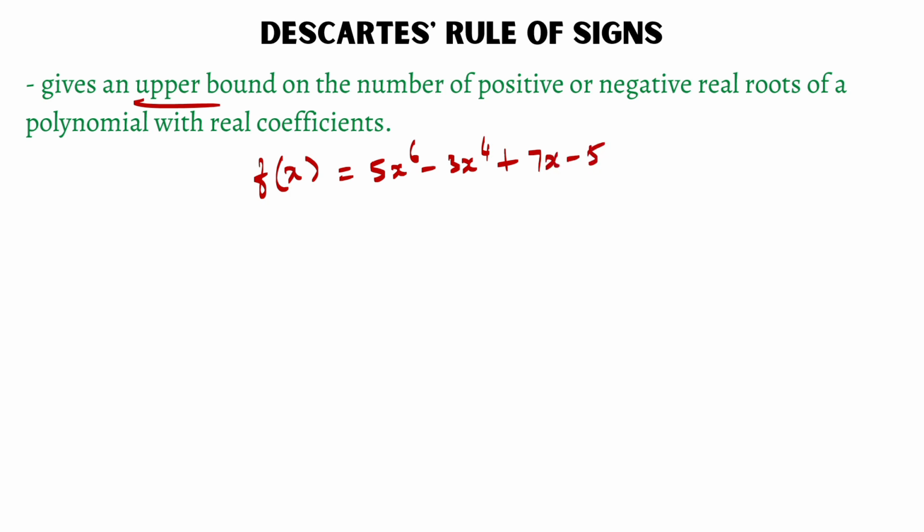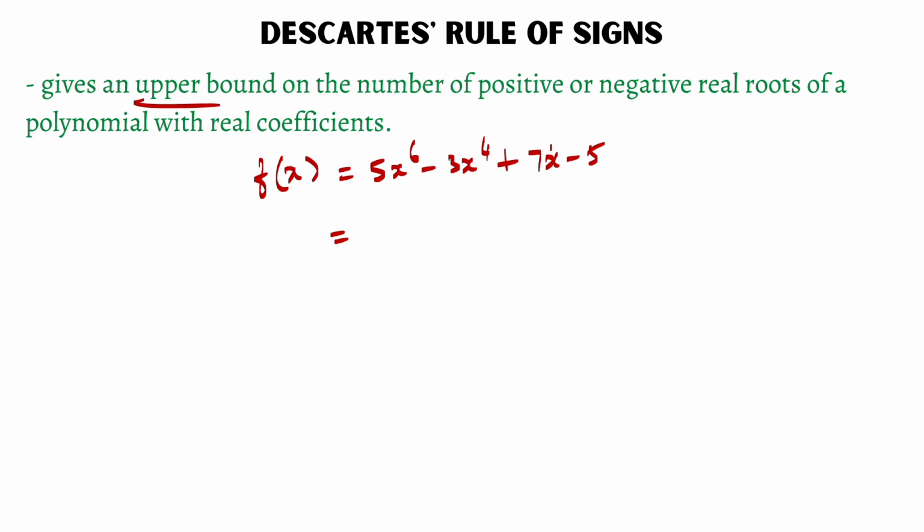What does this rule tell us? If we want to implement this, we must have all the powers. But here, do we have all the powers? We have 6, but 5 is not there. We have 4, again 3 is not there, 2 is not there. We have 1.